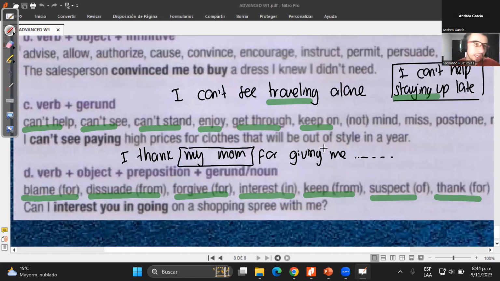Or I thank God for helping me in difficult times, something like that, right? So in that case, those verbs, it's not always the same, but usually they are over an object. Yes, these actions go over an object. So not only I can have two and then the verb infinitive or then the verb in ing, but sometimes it's necessary to include the object depending on the verb.